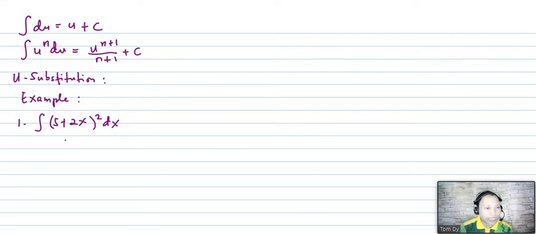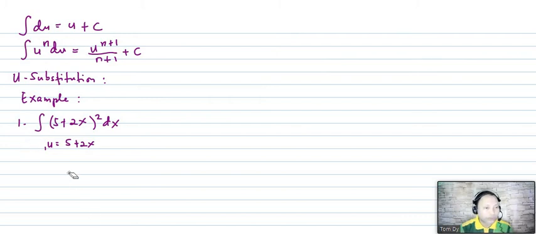For this case, if we use this formula, our u can be identified as 5 plus 2x. And of course, our n for this case is equivalent to 2. So I will erase that one; at least we identified our n as 2.